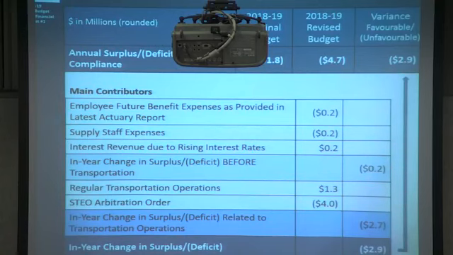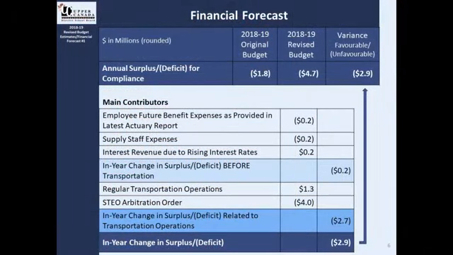As with the previous slide, we've indicated the deficit for the original and revised budget, along with the change between the two on the top. Listed below are the main contributors impacting the change between the original and revised budgets. The contributing factors have been categorized into two sections.